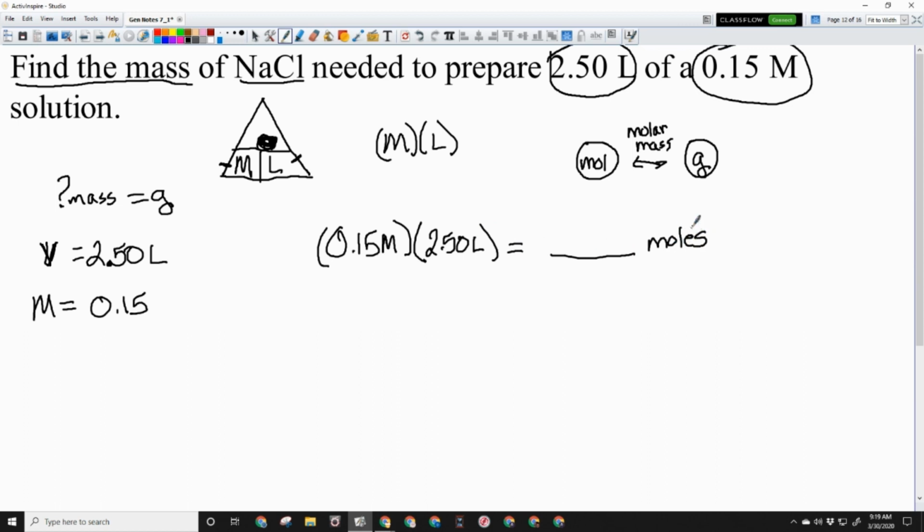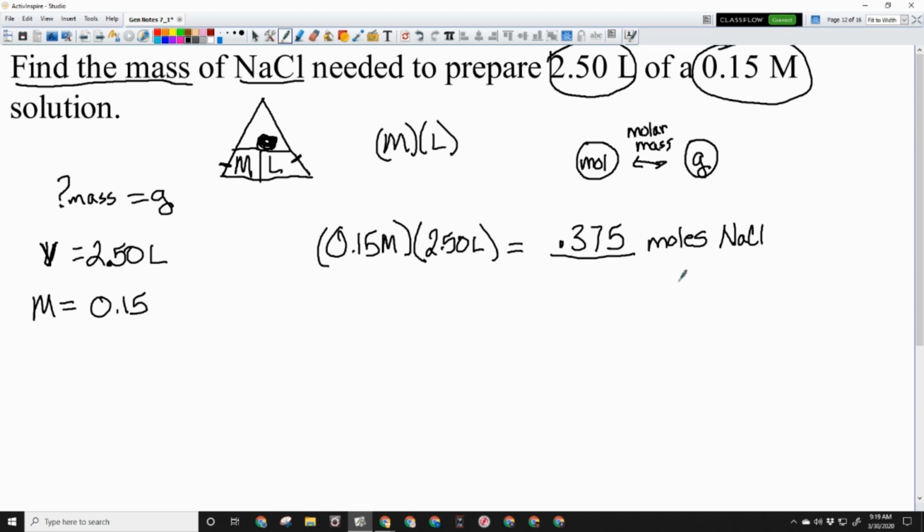All right, so 0.15 times 2.5 is going to be 0.375 moles. And this is moles of NaCl.